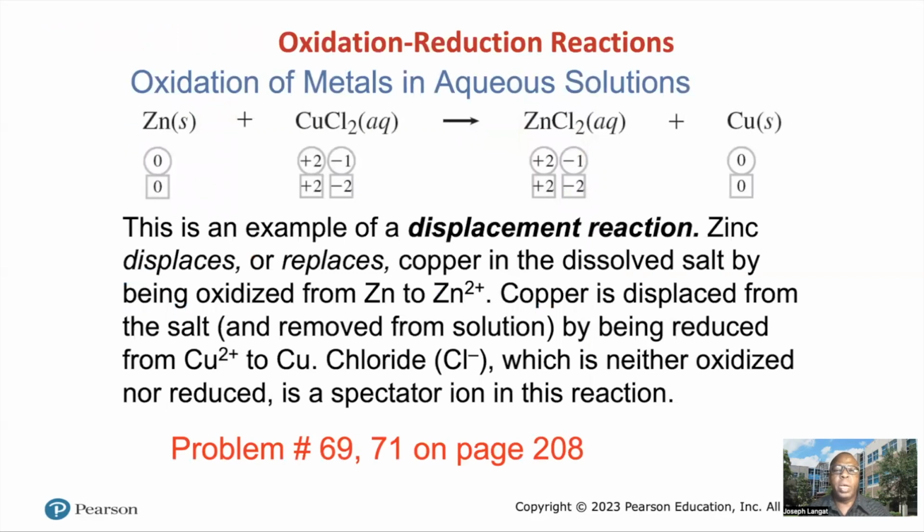Now, oxidation of metal in aqueous solution is just an example of displacement reaction or single replacement reaction. We'll look at the activity series later. Look at problem number 69, 71 on page 208, assigning the oxidation state.